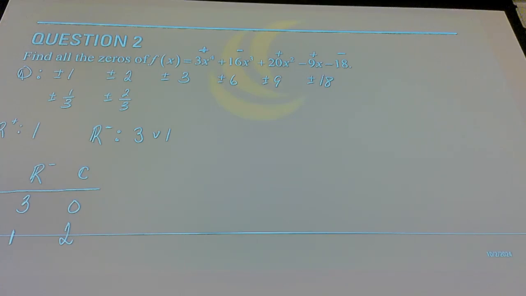So now we have to check. Here we know we're going to have 1 positive and at least 1 negative. What are the coefficients?